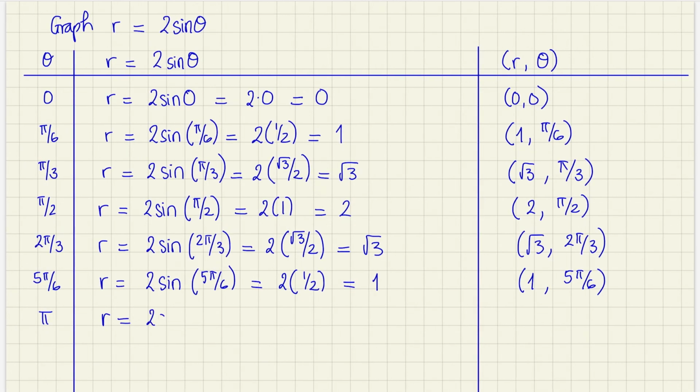R equals 2 times sine of pi. Sine of pi is 0, so I have 2 times 0, which is 0. And it looks like if I keep going, it will keep repeating. So I will just stop right here. And I'm going to go ahead and plot these points onto the grid.